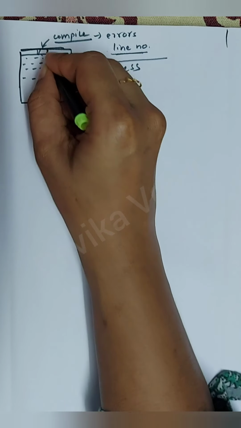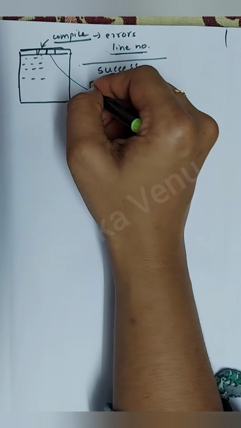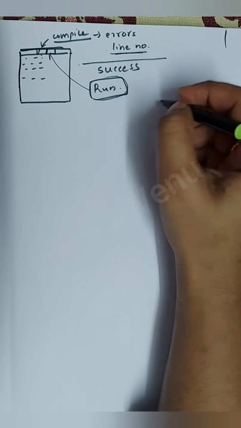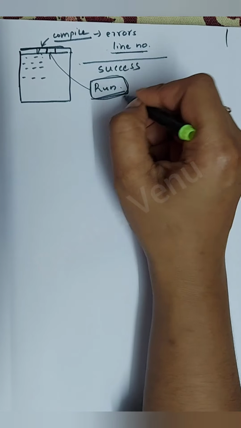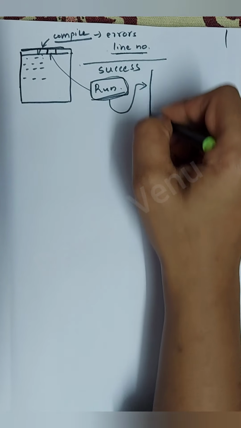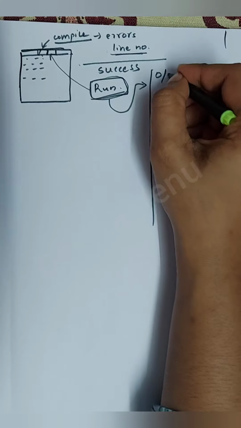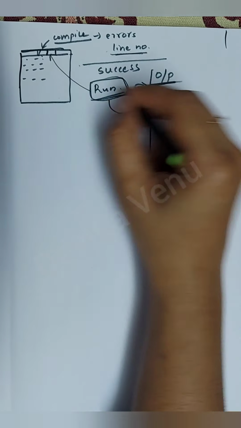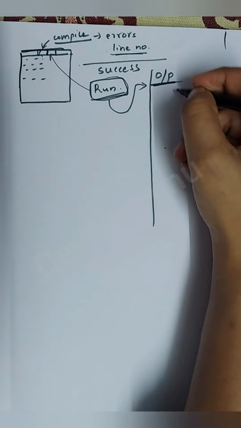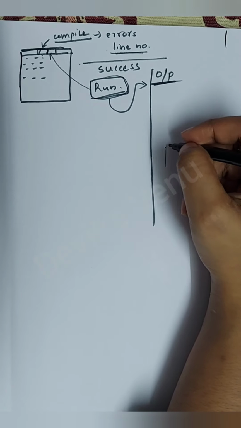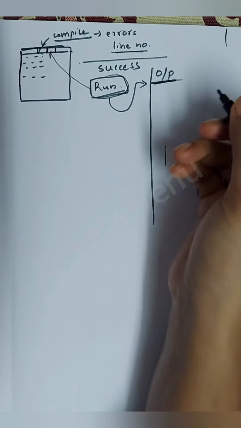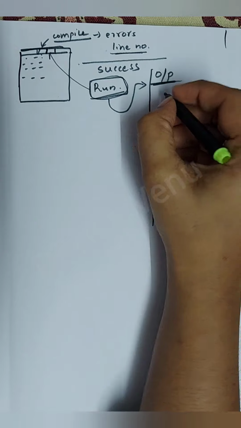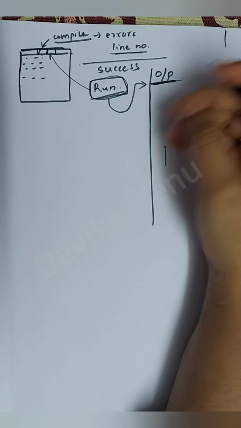So there is an option known as run, and you can run the program. After running the program, you will be taken to an output screen where the result of your program is shown. Okay, suppose my aim of the program is to print a name.